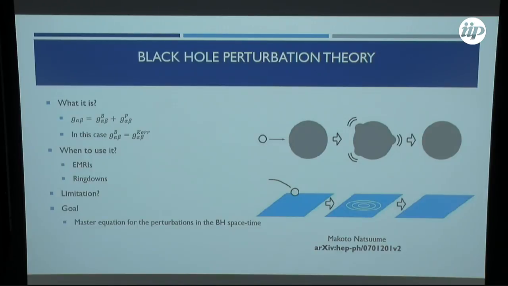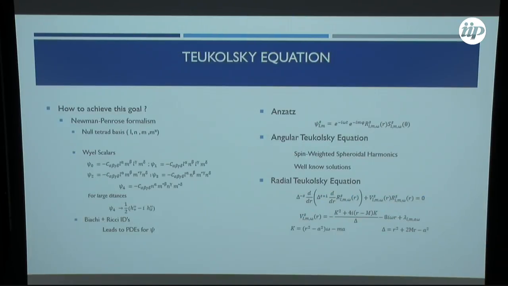So the goal was to achieve a master equation for the field perturbation in this spacetime, and this was achieved by Teukolsky in 1973. What he did was go to the Newman-Penrose formalism, choosing a null tetrad basis, and compute the various scalars of this metric. For instance, psi 2 in the Kerr metric is the only one that is non-zero, so all the other quantities are perturbative quantities there.